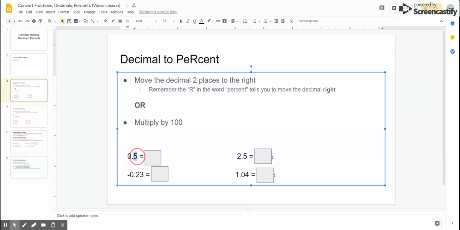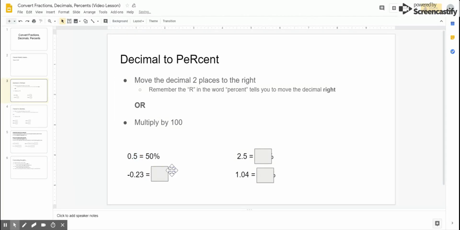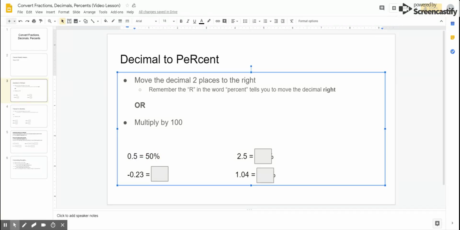Okay, we're moving it 2 to the right. 1, 2. So now you're at 50%. Your decimal point is technically at the end, but we don't really write it there. So we just leave it as 50%. So again, start at the decimal point and move it 2 places to the right. So it will be 50%.